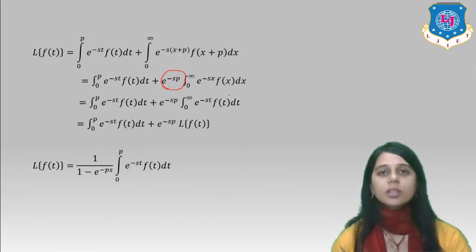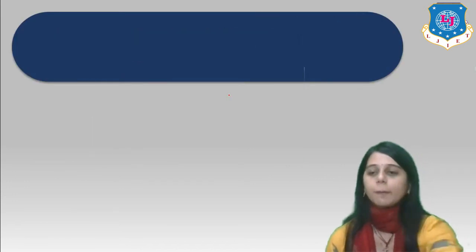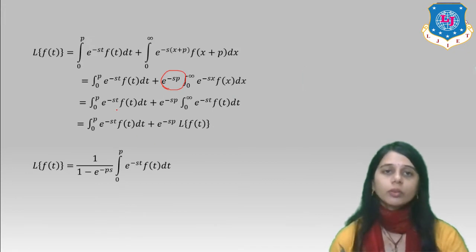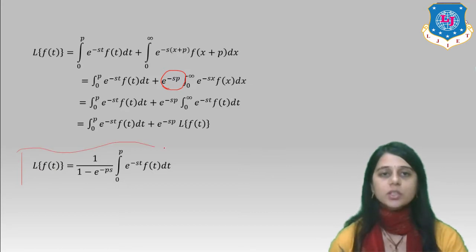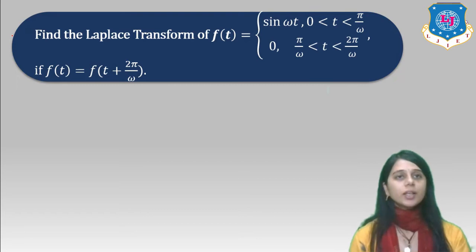This is noted as a Laplace transform. To find Laplace of f of t, we take this as the subject and we get the formula of the Laplace transform of the periodic function.